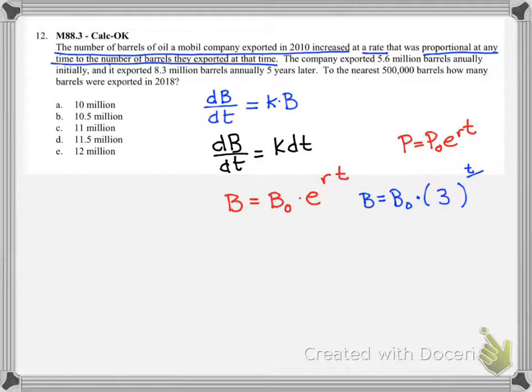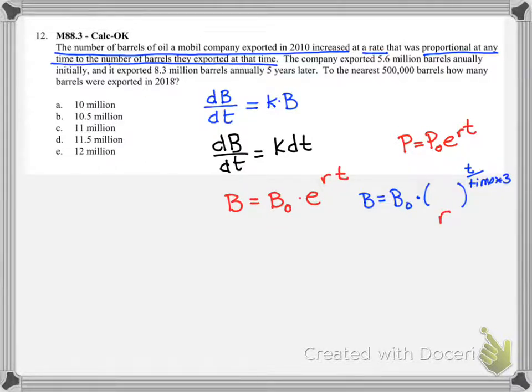You might think of this as half-life or tripling time. Well, 3 would be tripling, 2 would be doubling. If we were talking about a half-life problem, this would now be a half. But whatever this rate is here can always be represented from information in the problem.